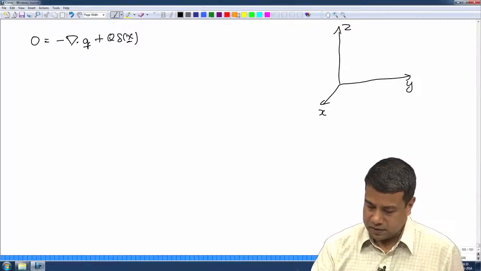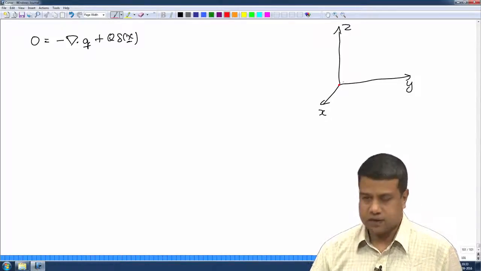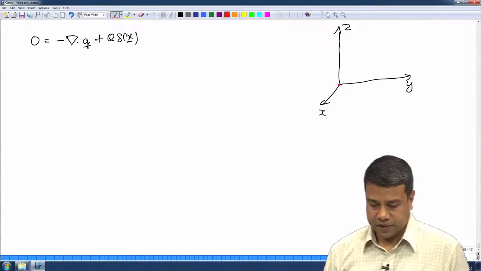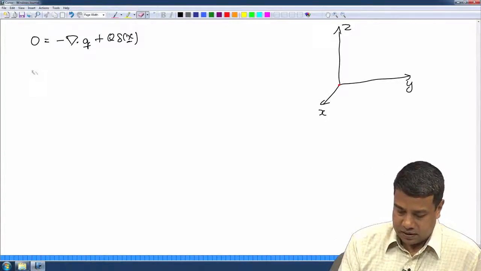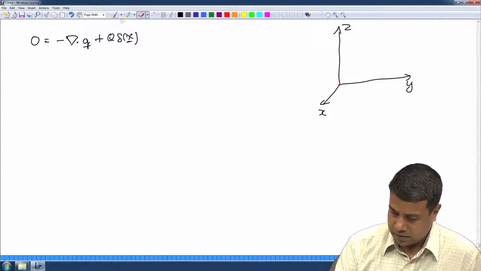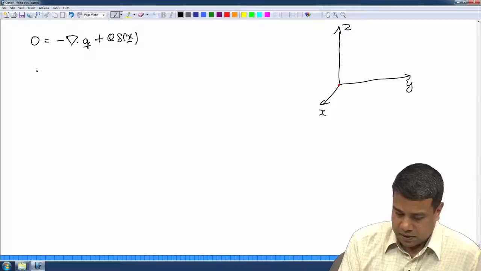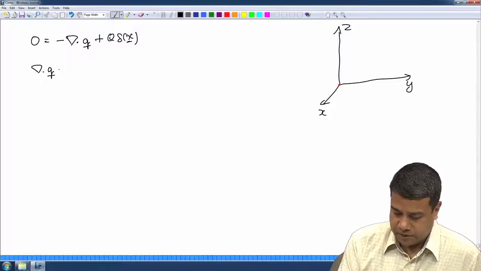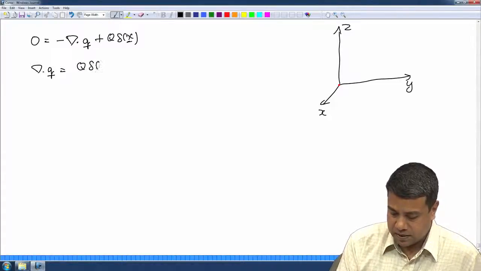This is non-zero only within this infinitesimal volume at the origin. I can write this as the divergence of q is equal to q times delta of x.